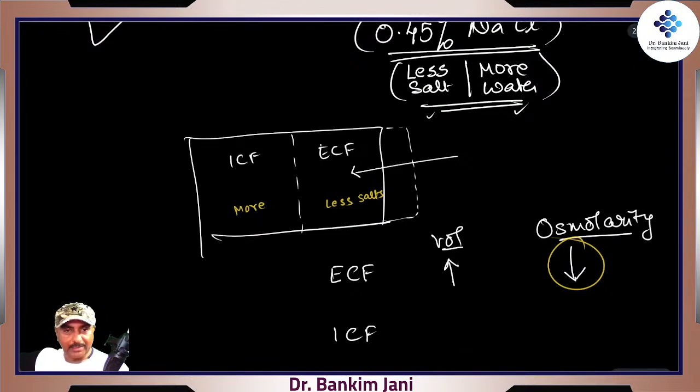It will say, let ECF start moving towards ICF, because there are more salts there, neutralize them. And there would be a shift of fluid from ECF to ICF. So ICF, intracellular fluid, would rise because fluid is coming from ECF to ICF. So there would be a rise in the volume of ICF.